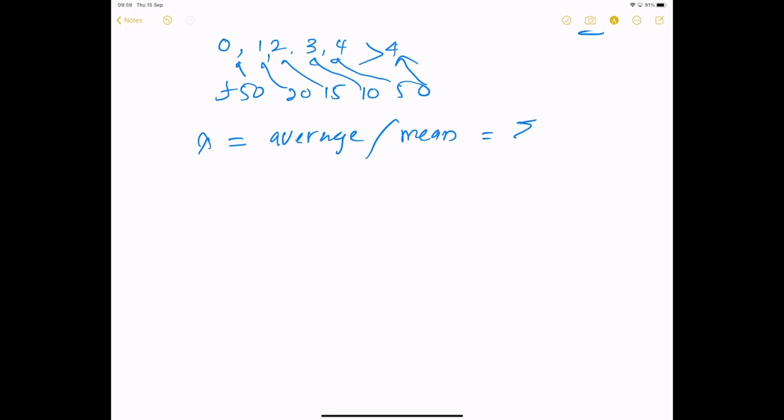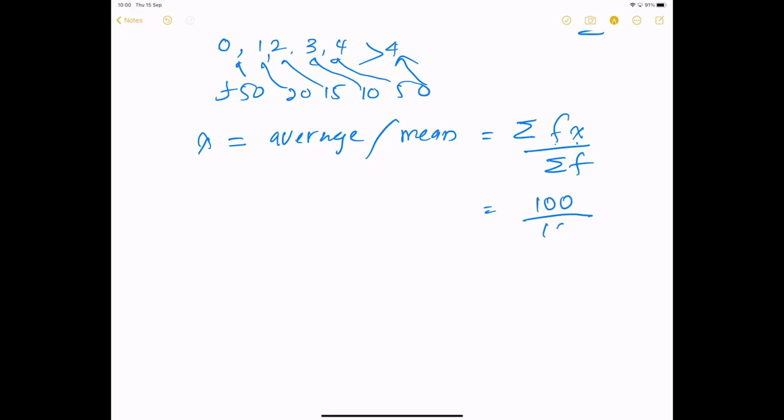So the equation for the mean should be summation fx over summation f, right? You simply multiply frequency with the appropriate x value and take the summation of these values. So that is 100, right?